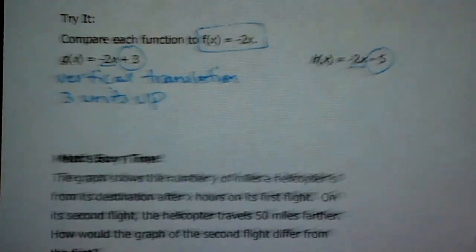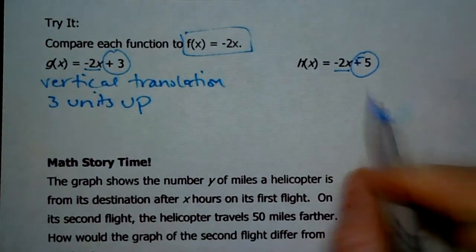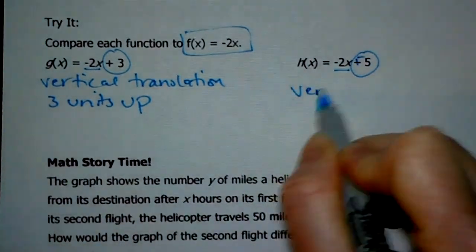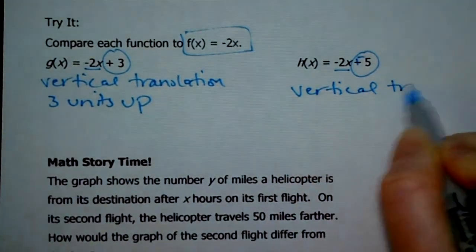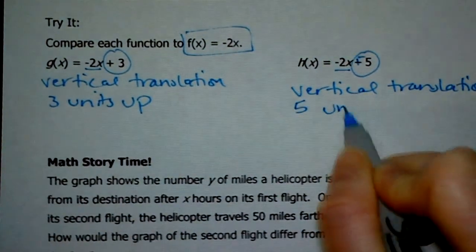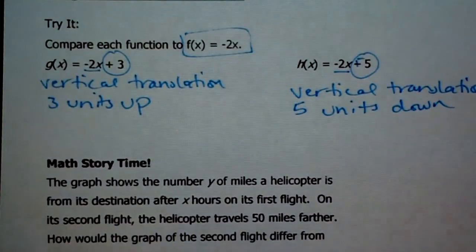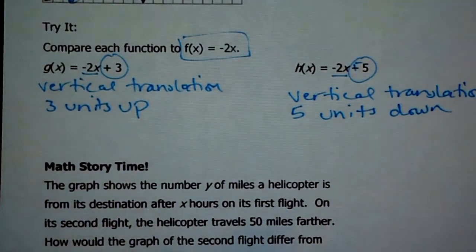And maybe you've already started the next one because you can see, oh, it's the same slope, but this is minus 5. That means 5 units down. So vertical translation 5 units down.